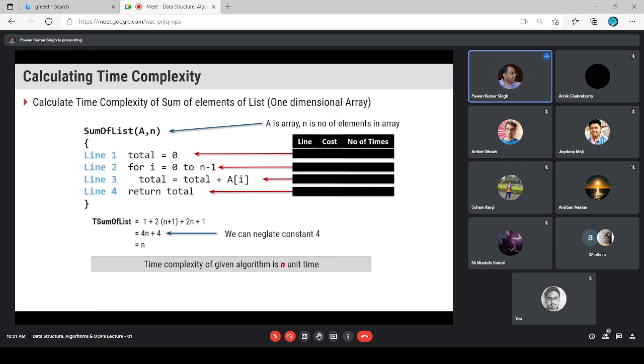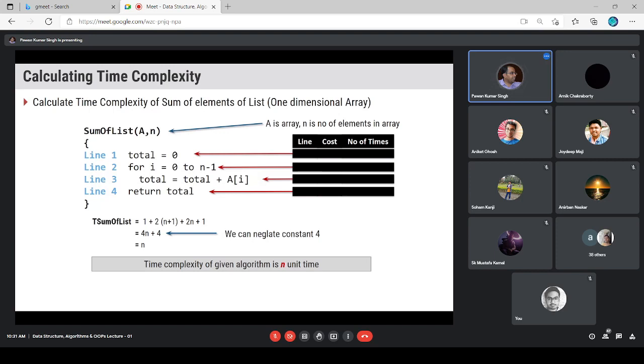So now how would you calculate cost into number of times? First, 1 into 1 is 1. For the second line, the cost is 2, and the number of times is n plus 1, so 2 into n plus 1. For line number 3, the cost is 2, and the number of times is n, so 2n. For line number 4, 1 into 1 is 1.